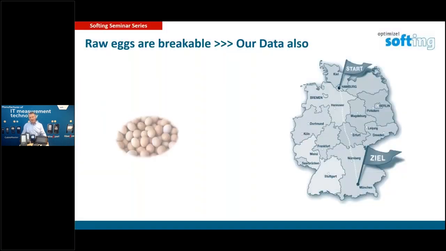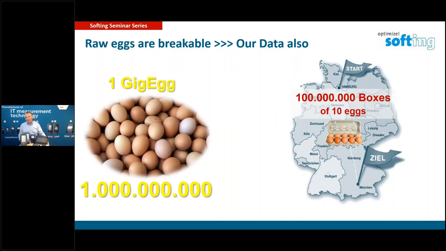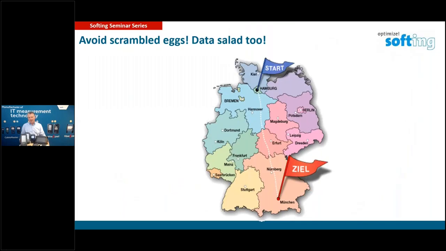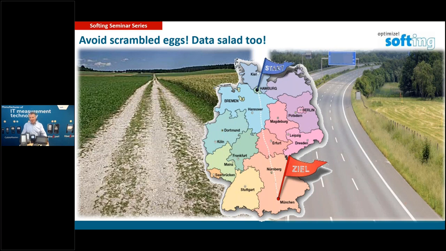And now you can definitely transfer 1 gig of eggs, as an example, so 1 billion eggs, which brings me to 100 million boxes of 10 eggs. I want to transfer them from Hamburg to Munich with a very, very simple technology behind that. And now you have the choice to take a field trail or a highway.